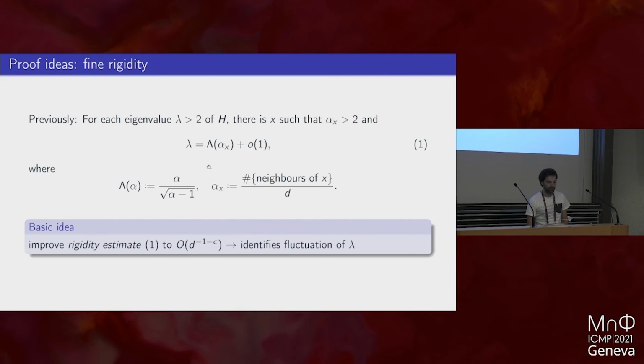So that means that if we assume that we can somehow have a similar estimate here and reduce the whole problem to a simpler random variable, then we better prove a rigidity estimate which is of this order. And then once we would have proven such a statement, we could identify the fluctuation by understanding the fluctuation of some other random variable of this type.